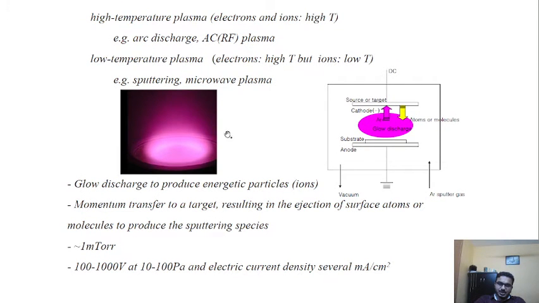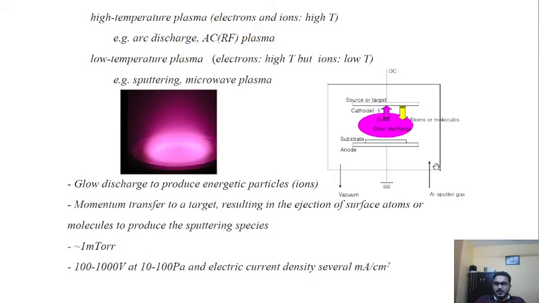So this is the actual image of sputtering. Here we can see that there is an anode and a cathode, and we are having a substrate above the anode and the source or target at the cathode, and we are having a DC supply over here.